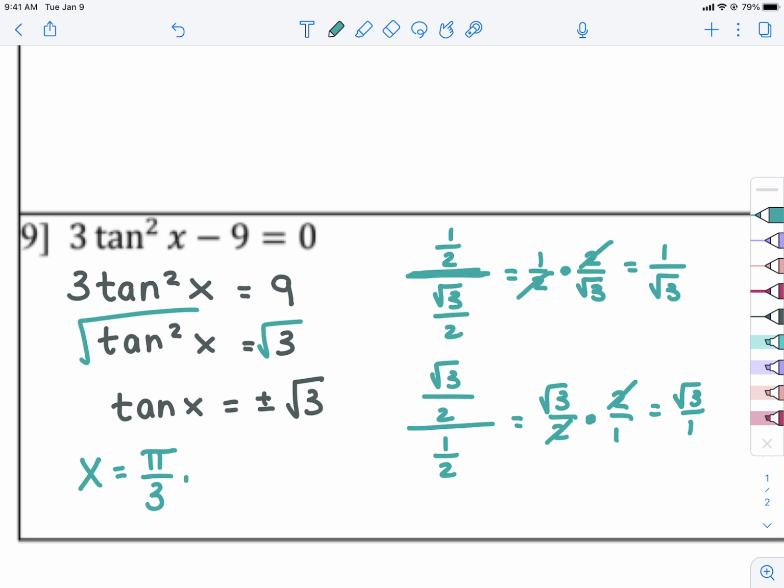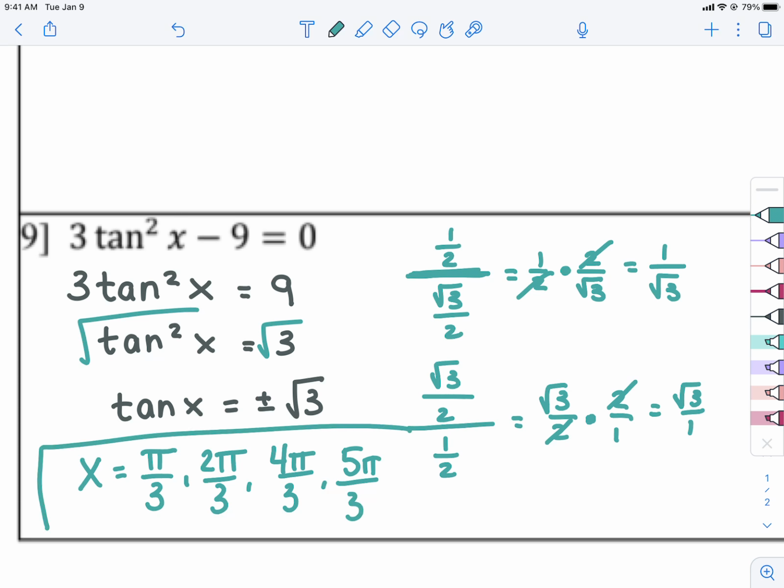So I can also have 2 pi over 3, 4 pi over 3, and 5 pi over 3. And those are all my other radian values on the unit circle with a denominator of 3, or that have the same numbers in their x and y's, just different signs. But the different signs are okay because I want them to be positive and I want them to be negative.